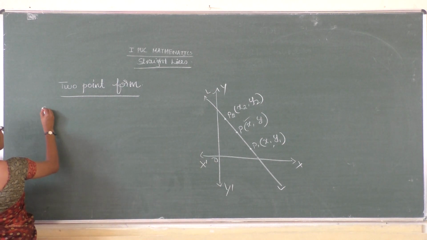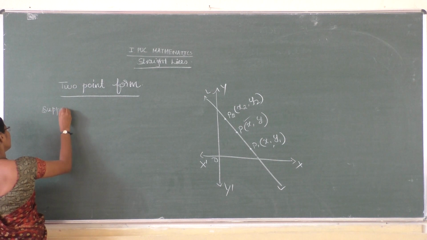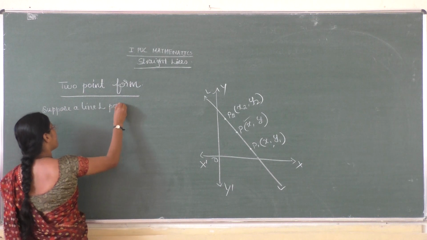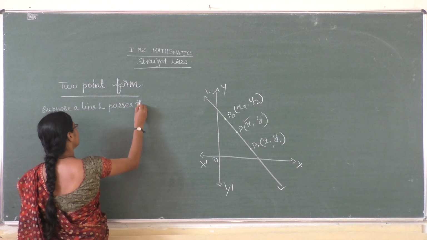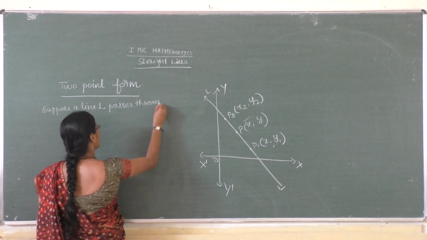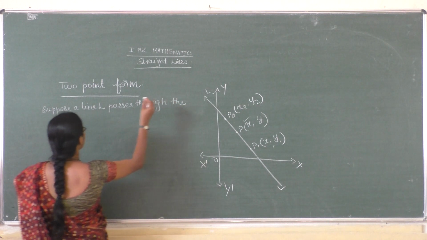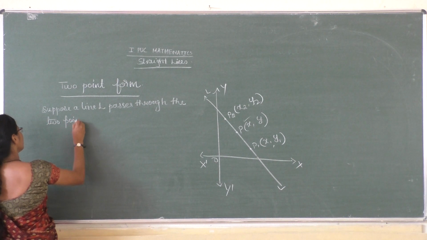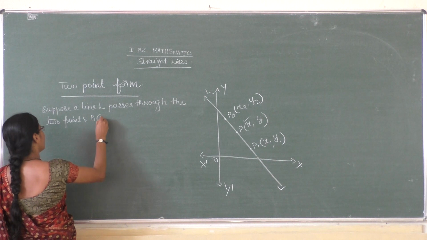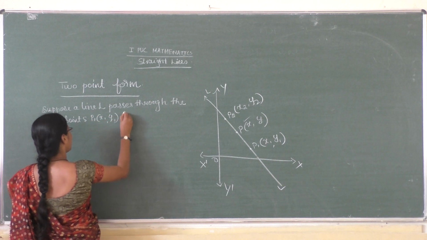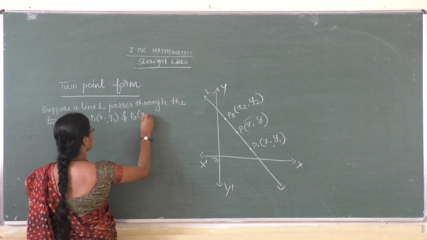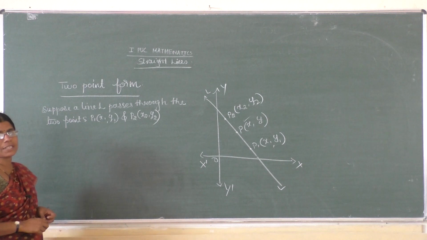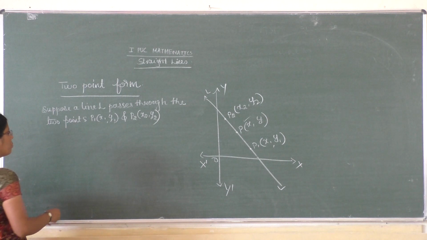So suppose a line L passes through the 2 points P1 of x1, y1 and P2 of x2, y2.